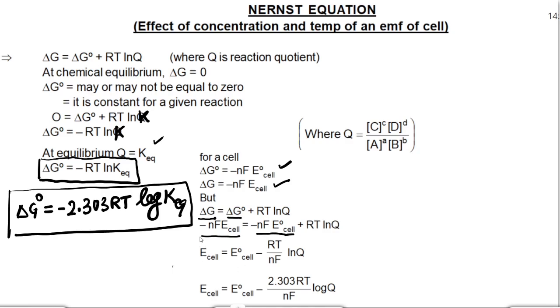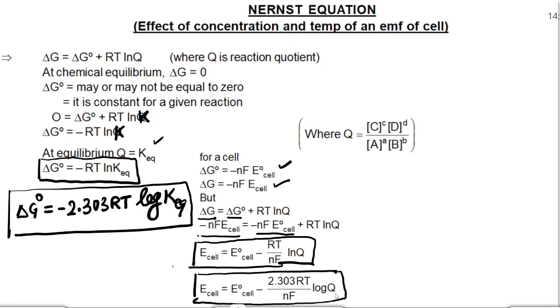So we get this expression: E cell is equal to E naught cell minus RT upon nF natural log of Q, or E cell is equal to E naught cell minus 2.303 RT upon nF log of Q. And what is n here?